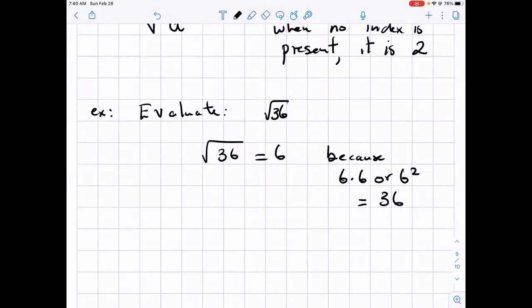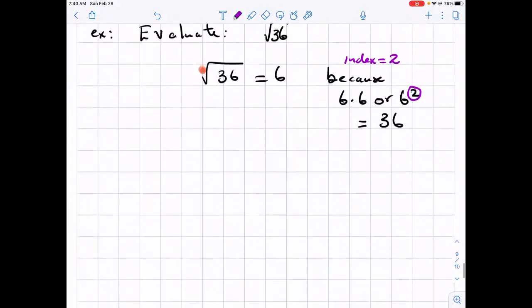You want to find a number that when you square it, and we're squaring it because the index is 2, gives 36. If the index is 2, we square it.